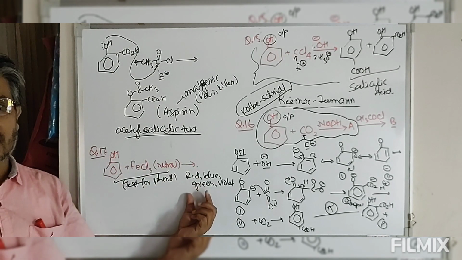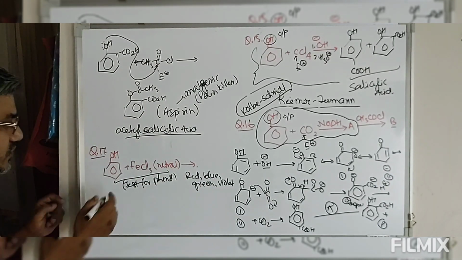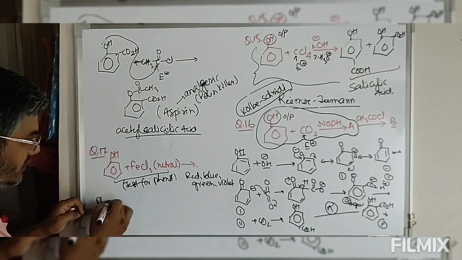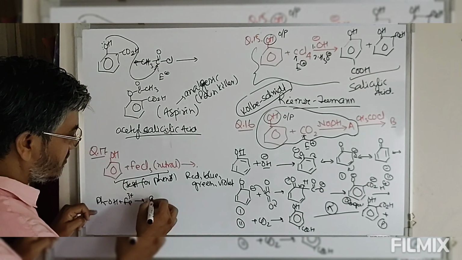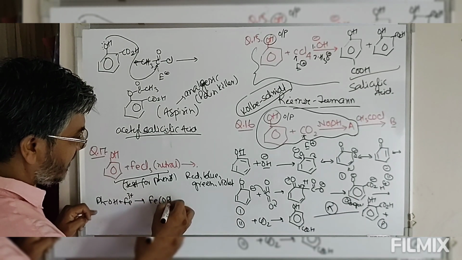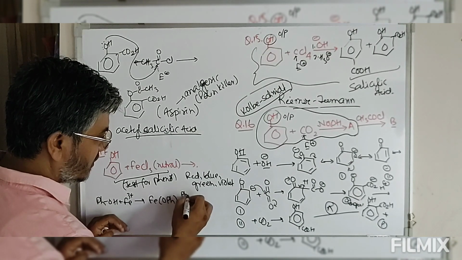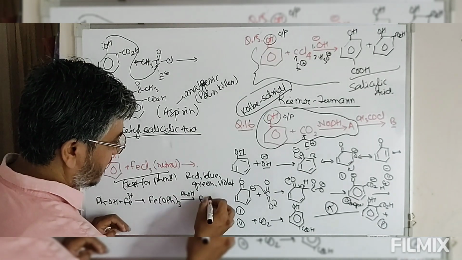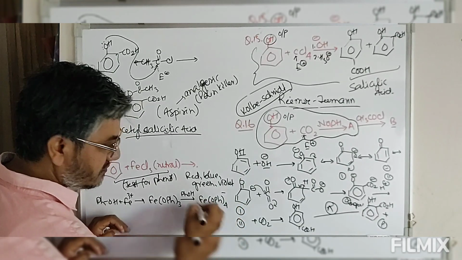This different color is based on the coordination number of the complex that is being formed. So first look at this. Phenol reacts with Fe3+. This gives you Fe(OPh)3. This further reacts with phenol to give Fe(OPh)4 minus.